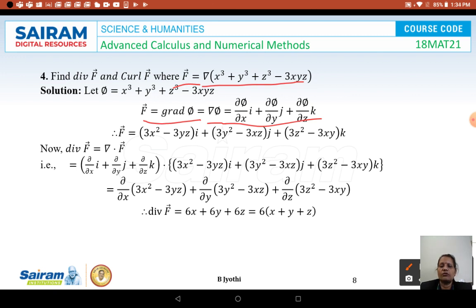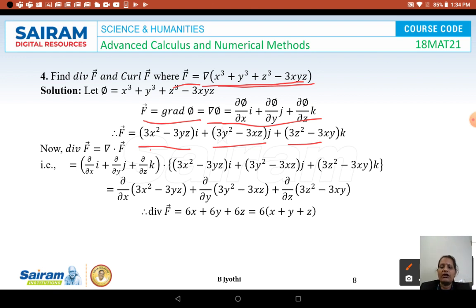Therefore f is equal to (3x square minus 3yz) i, by taking dou phi by dou x, and dou phi by dou y gives (3y squared minus 3xz) j, and dou phi by dou z gives (3z square minus 3xy) k.